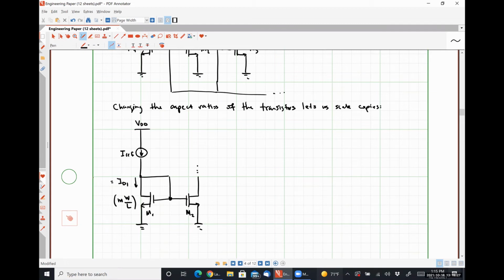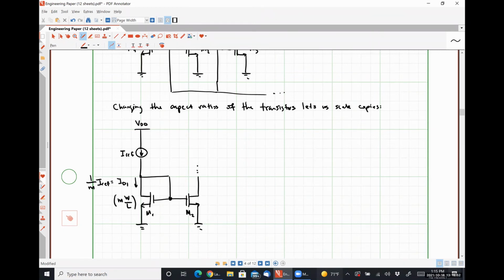ID1 will be 1 over M multiplied by my reference current, right? So if I make the area larger, I'm really just making the width larger, I can effectively treat it as multiple transistors connected in parallel, right?